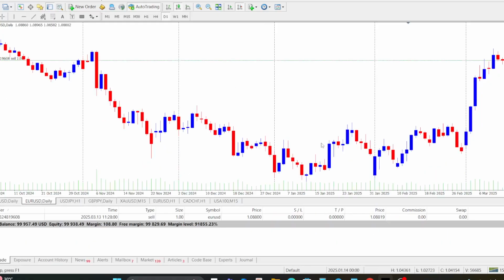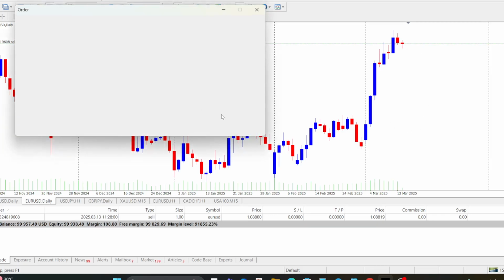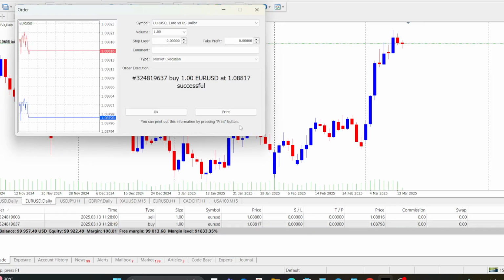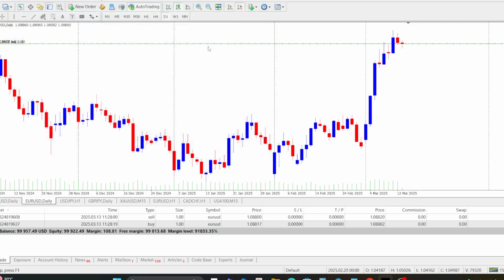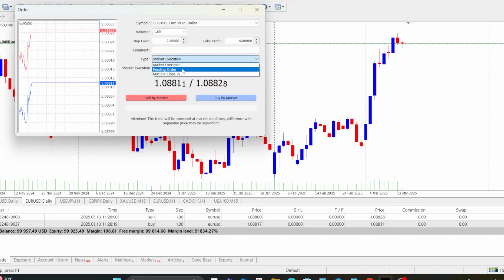Let's open the terminal. This is a demo account, by the way. The trade has been executed right on the spot. If it was a buy trade you wanted, you can see the trade is going to be executed right there on the spot.